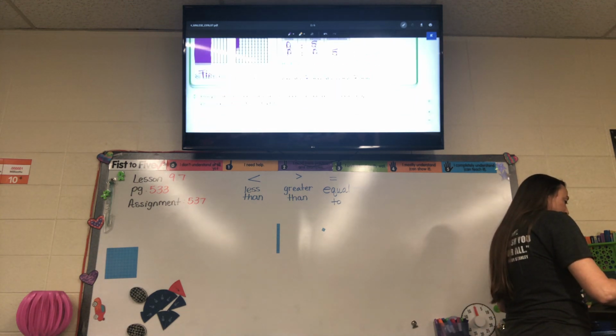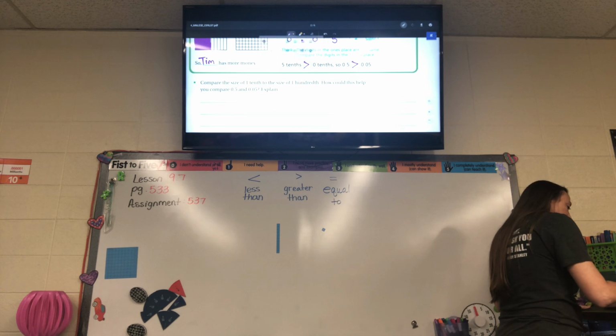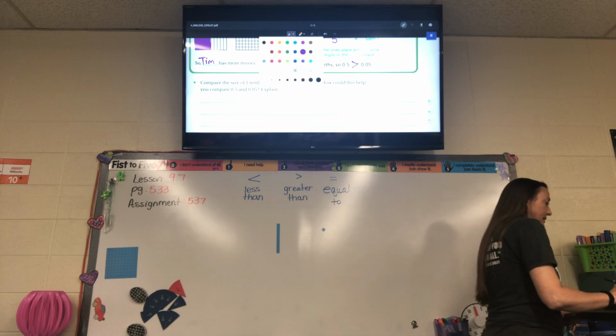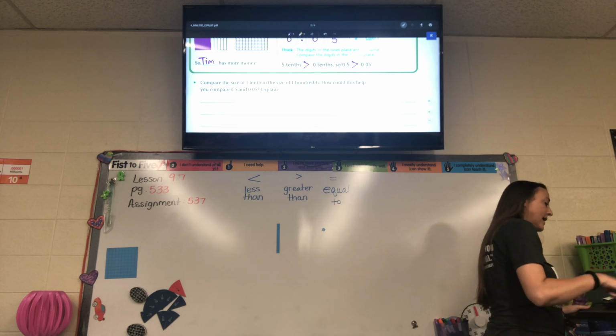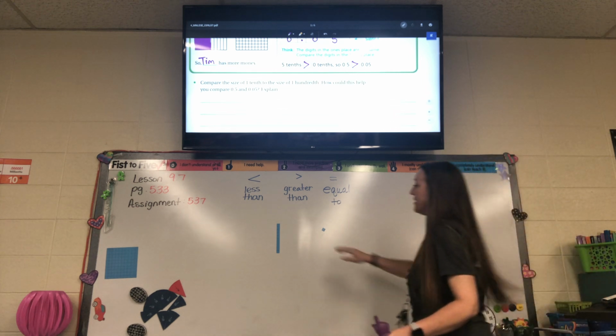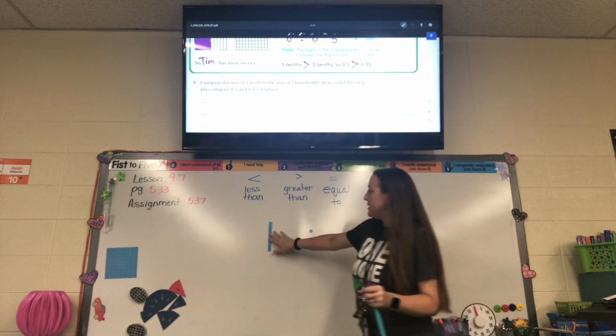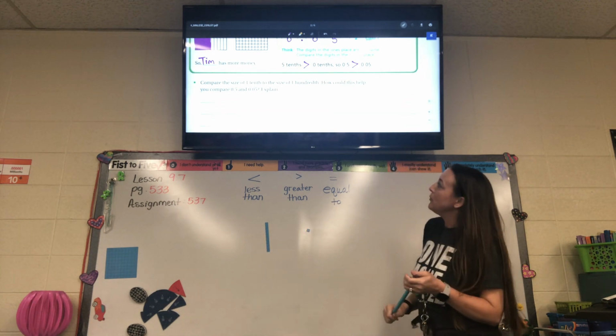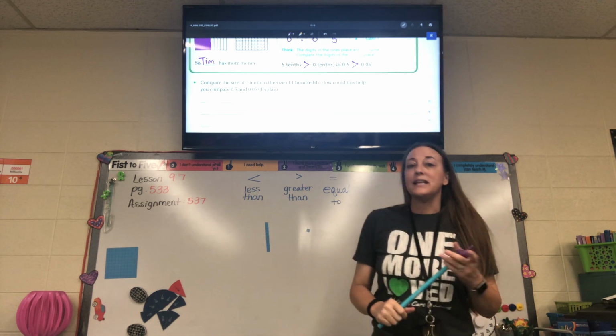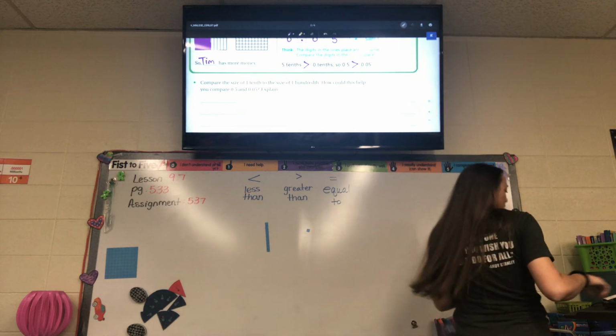And then they want us to fill this out, and it says compare the size of 1 tenth and 1/100th. How could knowing this help you compare 5 tenths and 5 hundredths?